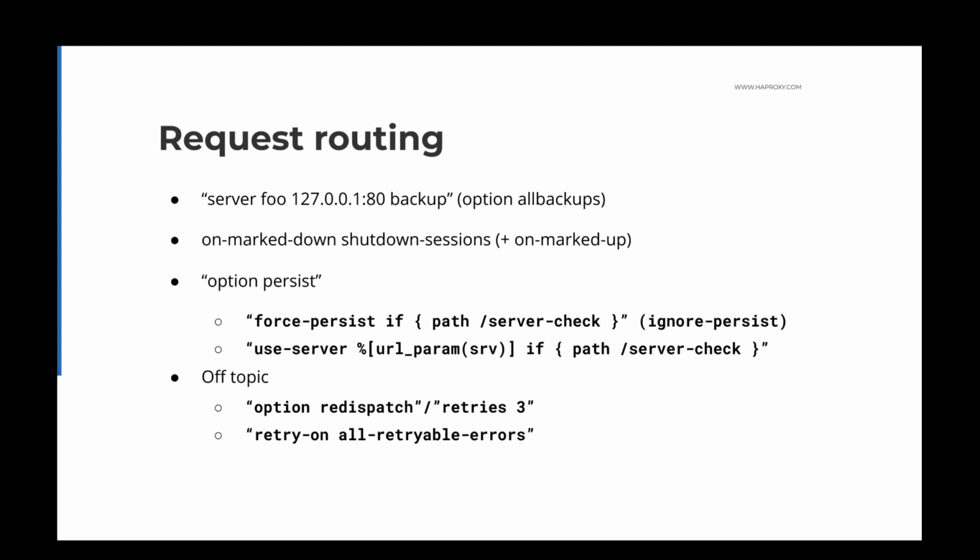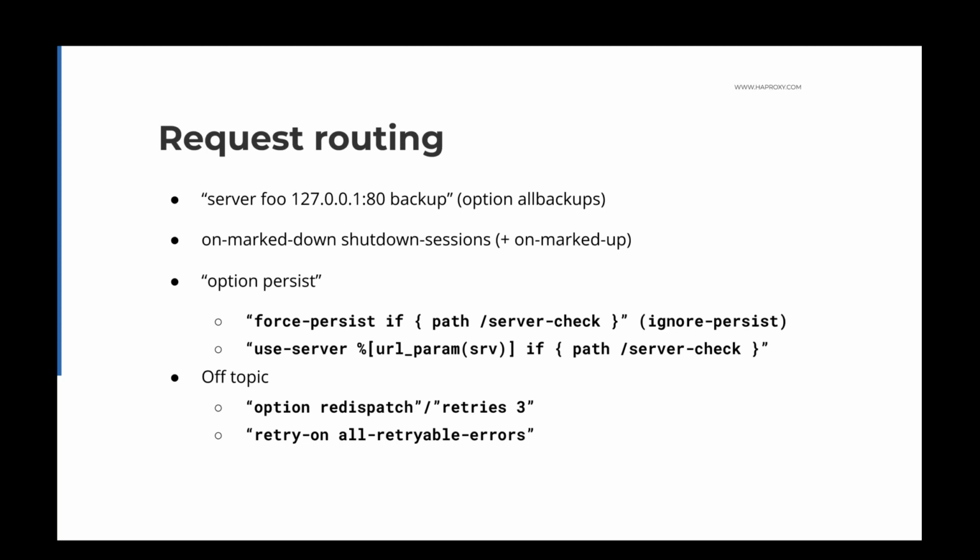But if you want only particular connections to continue to persist, even if a server is failing its health check, the force-persist action will do that. So if you have these two lines here, the first line tells it to always use a server, even if it's marked as down, if the path starts with /server-check. And the second line says to use the server named in the URL parameter SRV if the path is /server-check.